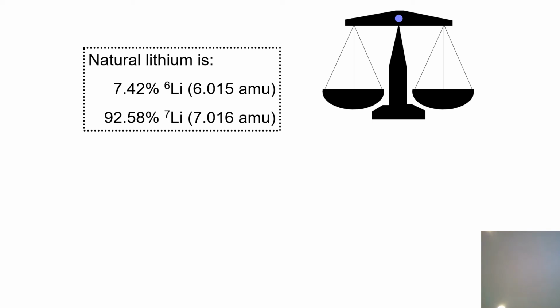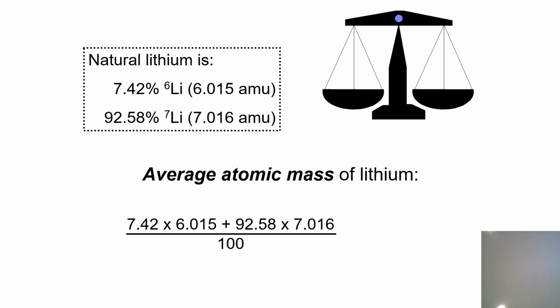The way this is calculated is by taking the percent abundance, and this is the way your book does it. I'm going to show you a different approach: multiplying the percent abundance times the mass of that particular isotope. If there are more than two isotopes, you sum all of the calculations and then divide by 100.